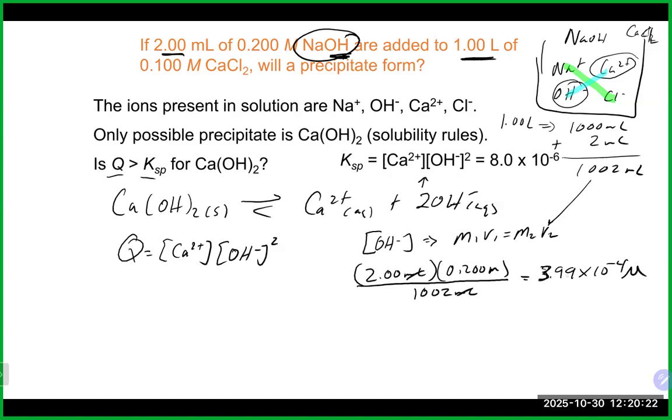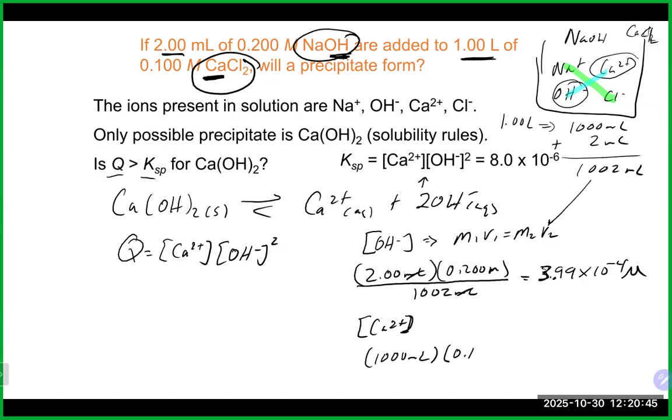We're going to do the same thing there for our calcium. And once again, the calcium chloride is the only source of our calcium in this case. So our calcium, we used there 1,000 milliliters of it, which is 1 liter.